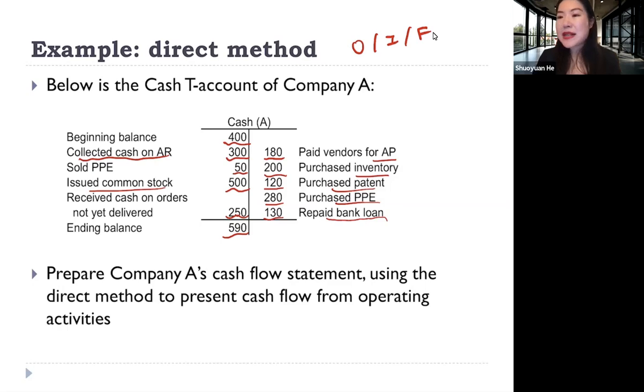And then after we categorize each of those transactions into one of the three categories, we then make our cash flow statement. So please take 5 minutes. Try to prepare A's cash flow statement using the direct method. You can pause your video for now.